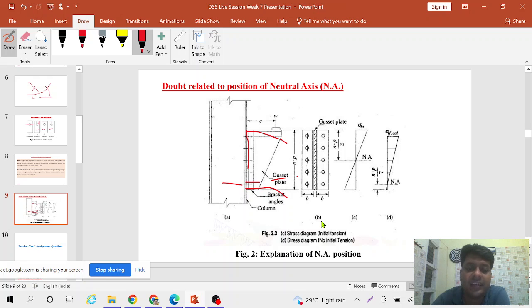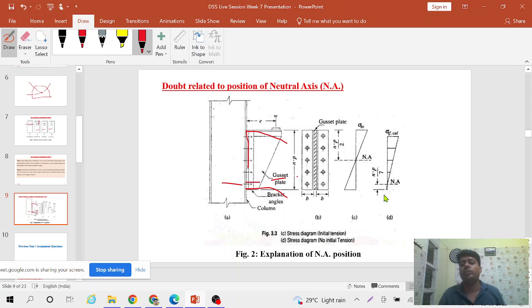In that example, they have solved one numerical using both methods: using this formula, where the stress distribution diagram is like this, and again using this method, where the contact surfaces lose their contact.